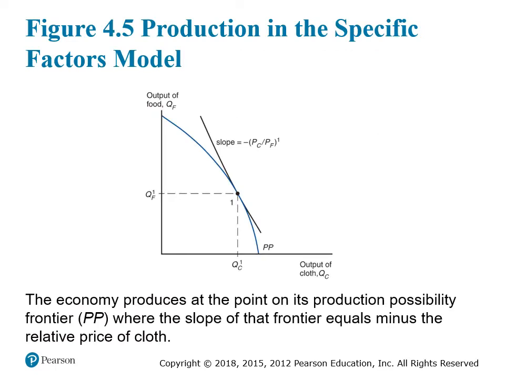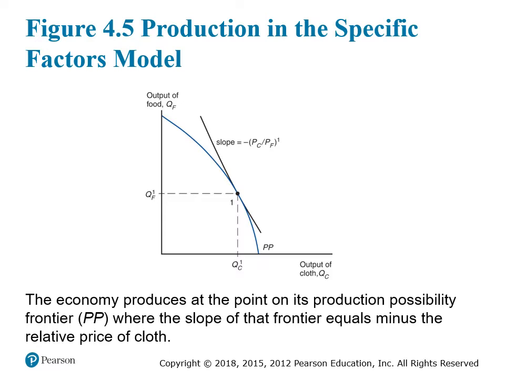As you can see, the economy produces at a point on its production possibility frontier where the slope of that frontier equals minus the relative price of cloth. So the question is how much cloth the economy will produce and how much food the economy will produce.